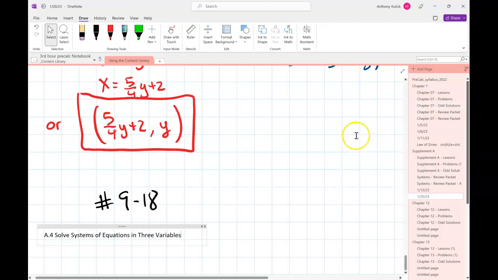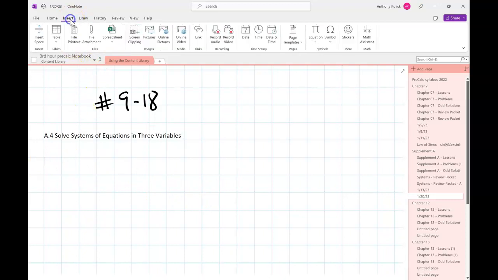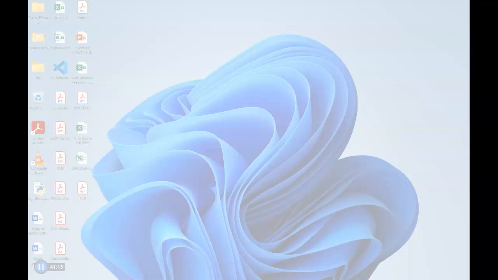So in section 4, we're going to be talking about solving systems of 3 equations. So we have 3 variables, so we're going to need 3 equations. What does it mean to have an equation in 3 variables?